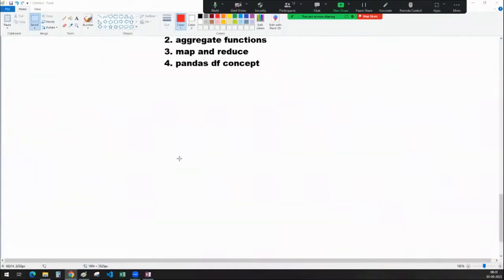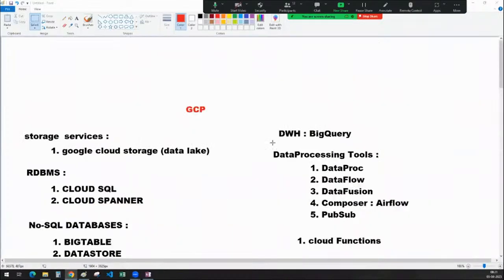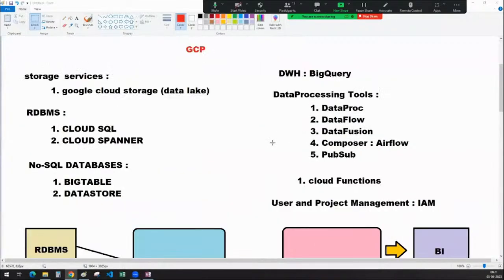Before that, I want you to understand how to create a free tier account. I will tell you tomorrow itself, and it wouldn't take more than 5 or 10 minutes. This is the course content and everything, guys. If you have any questions, you can ask me. Otherwise, if we have time, I will tell you how to create a free tier account today itself.